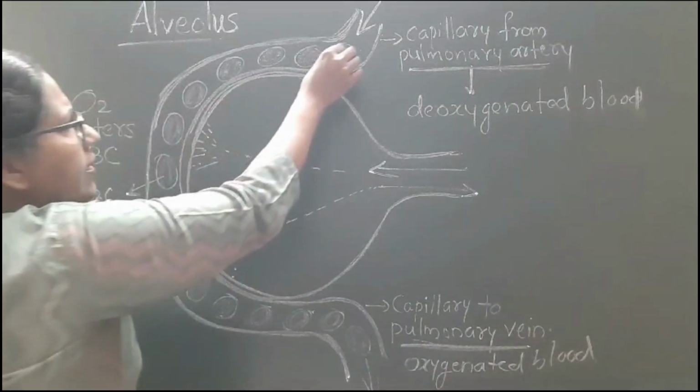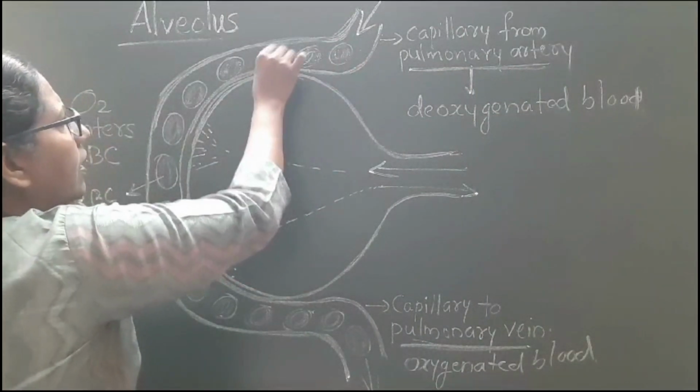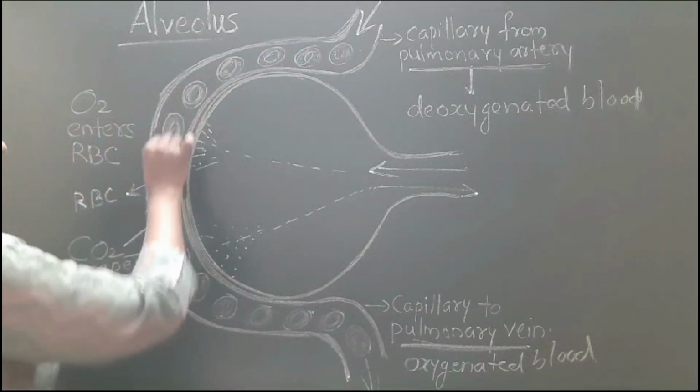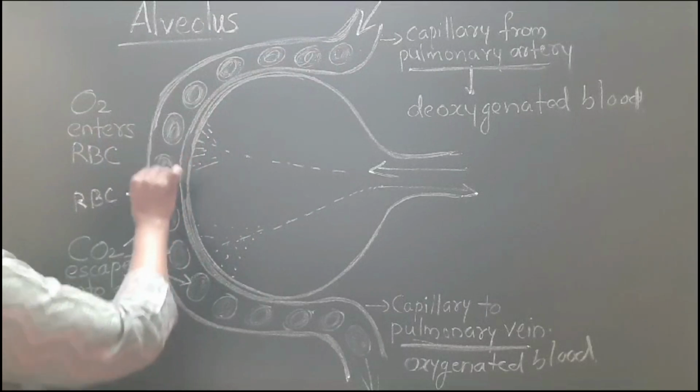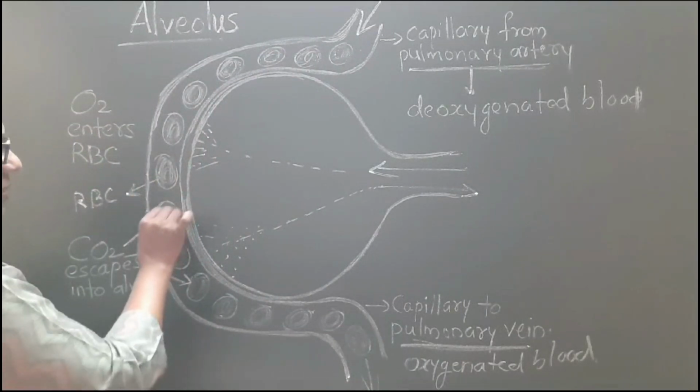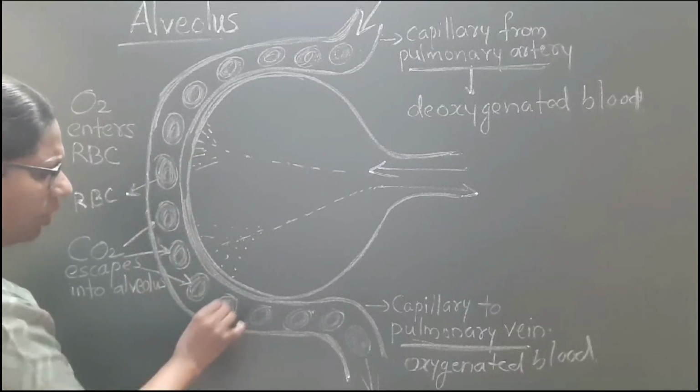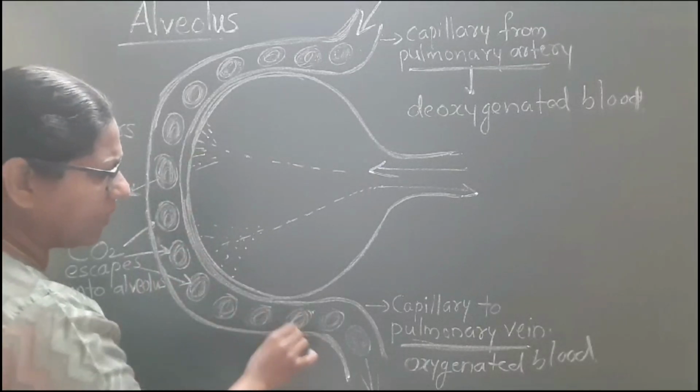Now here you can see these are blood cells, RBC. Here I have shown only RBC. In the blood there are RBC, WBC and platelets, but I have shown only RBC for this gas exchange purpose.